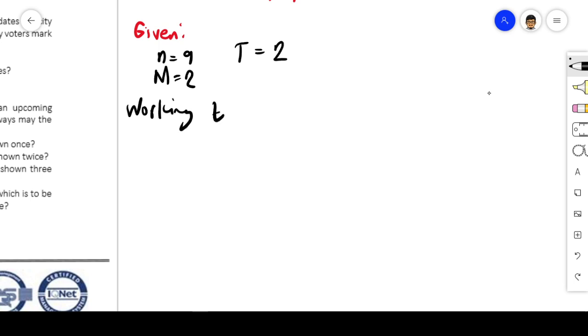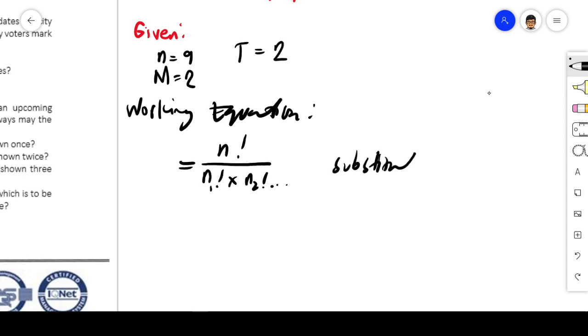For the working equation, we will be using distinguishable permutation, which is equal to n factorial over n sub 1 factorial times n sub 2 factorial and so on. Now, you have to substitute our given. Say, n is 9. So you have 9 factorial over n sub 1, which is M 2 times, so that is 2 factorial, times T is 2 times, so that is 2 factorial as well.